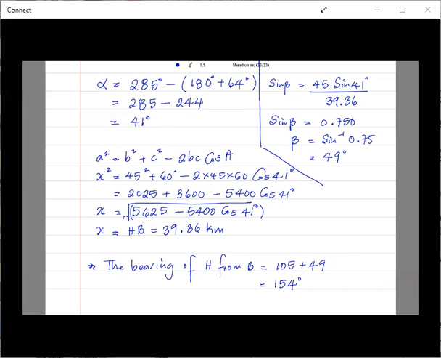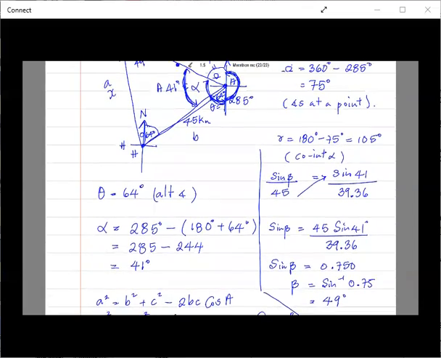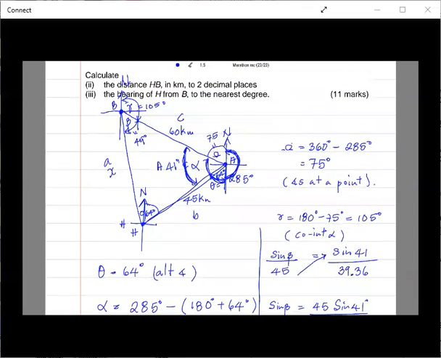The question was a bit lengthy. It had quite a bit of curves and turns, but it did not include any knowledge that you don't already have.